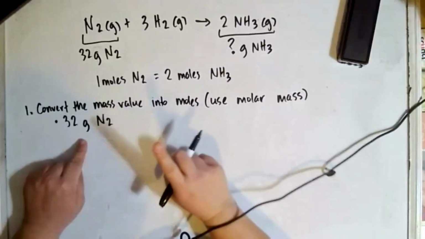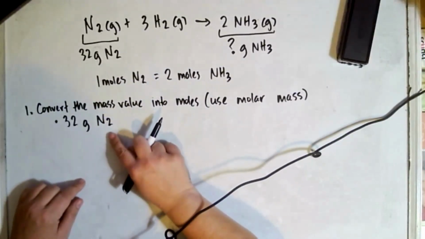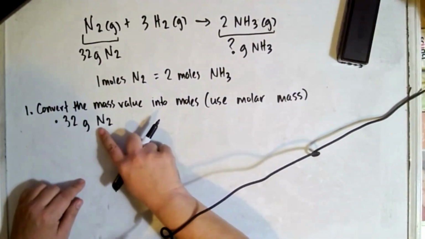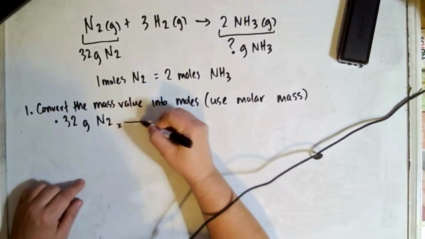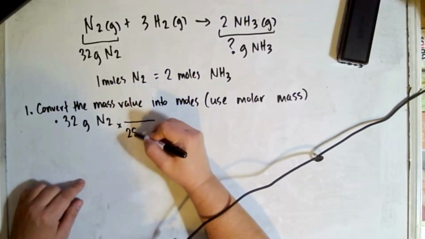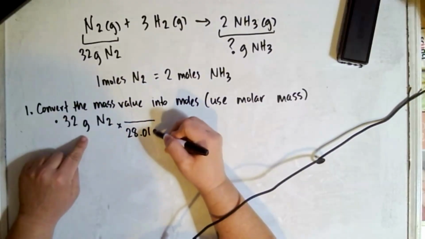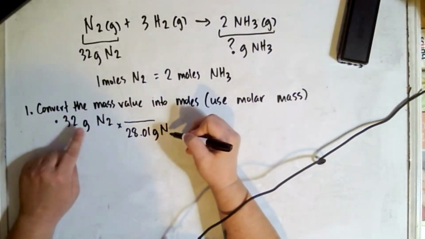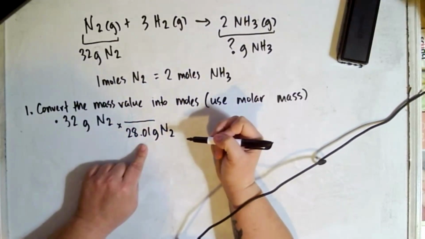We're going to look on our periodic table. The molar mass for N2 is going to be the mass of nitrogen, which is 14.01 times 2. So we're going to put the mass value on the bottom, because if we start with grams up top, we want grams on the bottom of our conversion factor.